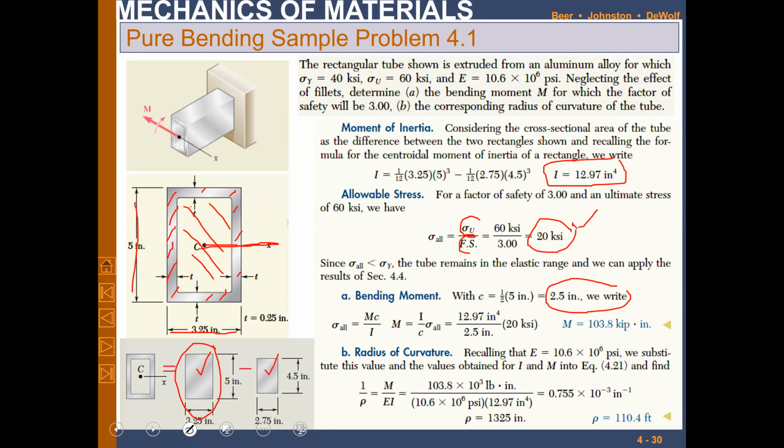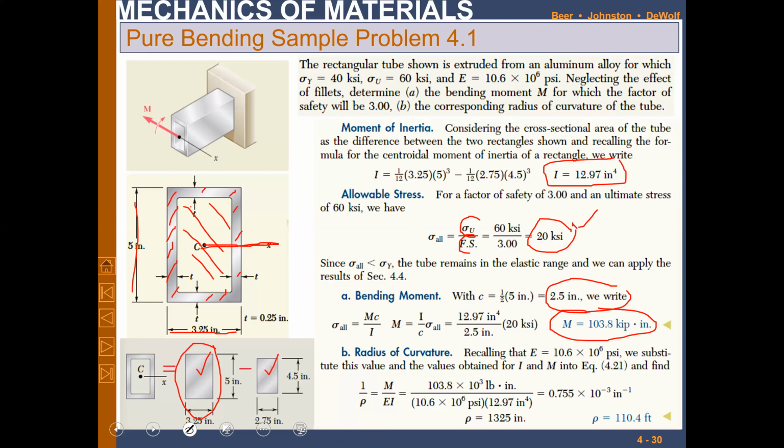It doesn't matter whether you measure from the bottom or the top. Sigma allowable is Mc over I, so M is sigma allowable times I over c, with I equal to 1.97 inches to the fourth over 2.5, and we can calculate M from this, right?